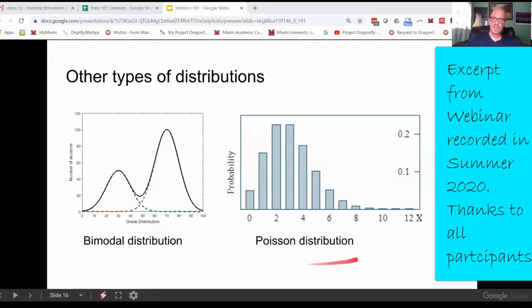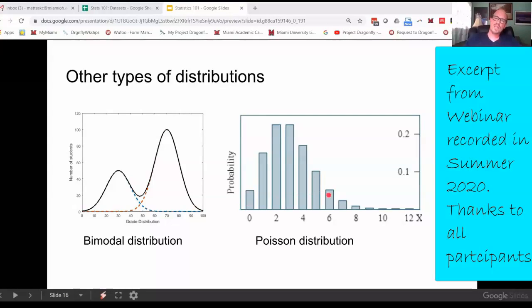Poisson distribution. This is actually very common in ecology. It's basically like a normal distribution, except one tail is long and the other tail is super short. One example I might use is overfishing of certain fish, like tuna, that they've found they're not finding the really large varieties of tuna so much anymore. They've been overfished from the oceans.